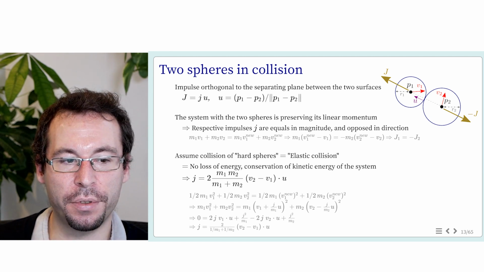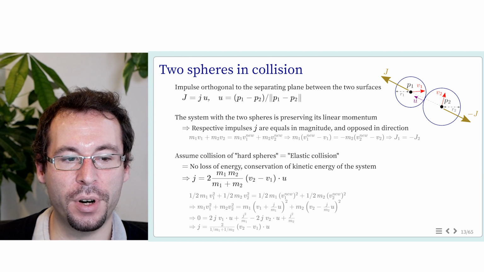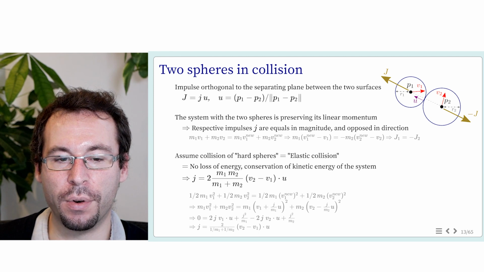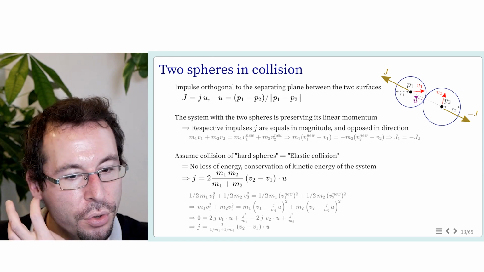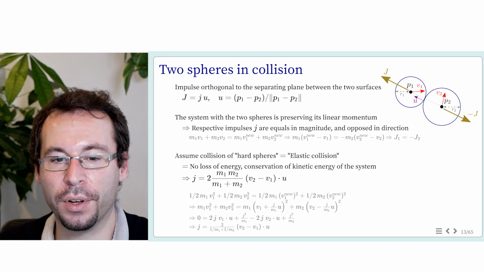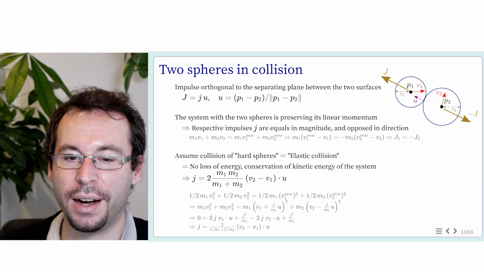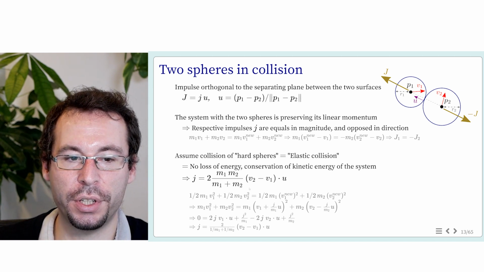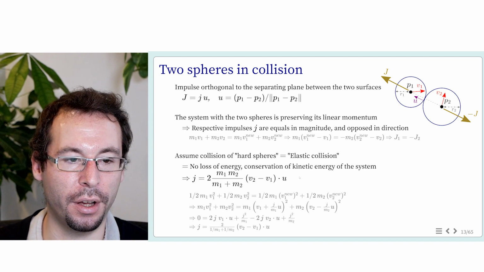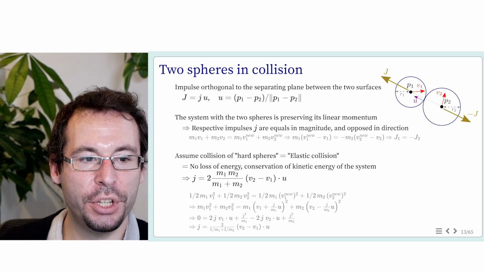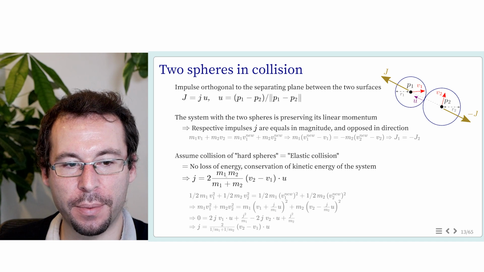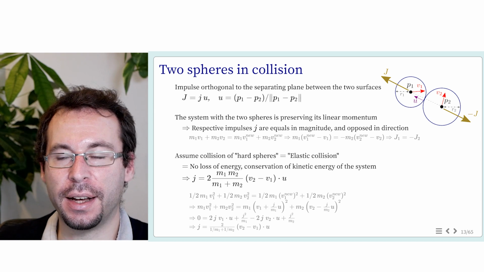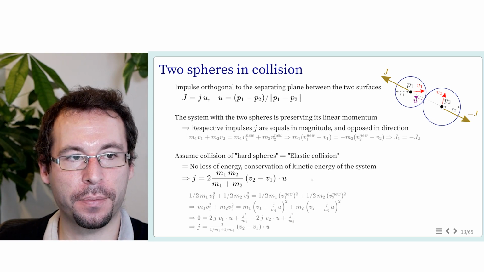So the kinetic energy of the system is 1/2 m1 v1 squared plus 1/2 m2 v2 squared, and this has to be equal to 1/2 of m1 times the new speed of the first sphere squared, plus 1/2 m2 times the new speed v2 squared. And if we play with the equation, now we can actually extract the corresponding impulse, which depends on something called the reduced mass, m1 m2 divided by m1 plus m2, times the difference of speed scalar the unit direction.